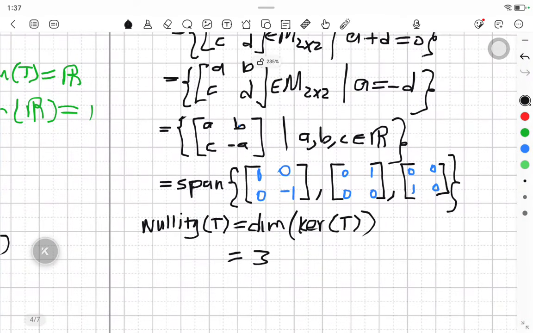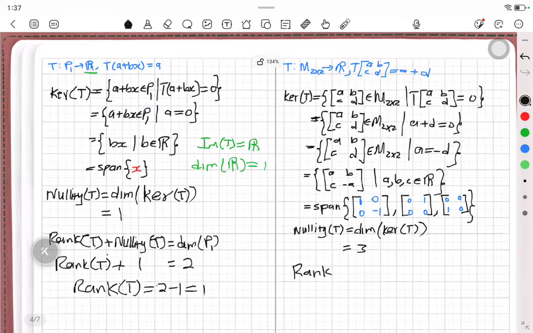What would be the rank here without using that formula? Let's look at what would be the rank. The rank would be the dimension of what? The rank, guys. Of the image. Dimension of the image. What is our image here? 1.